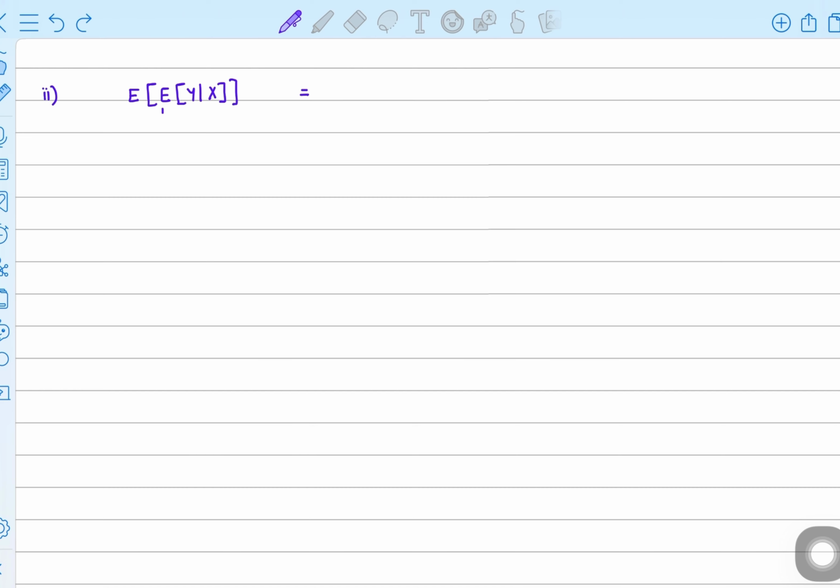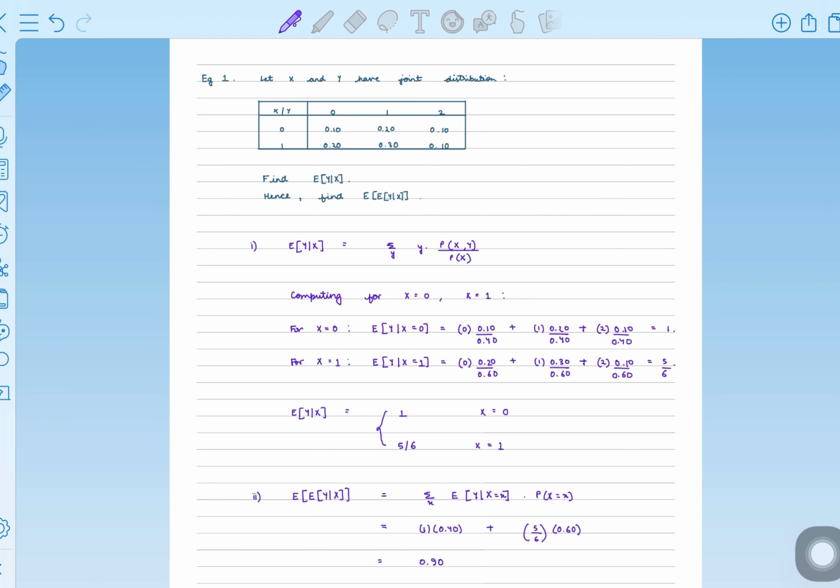So we multiply our random variable here by the probability of x. From here, we've solved both part 1 and part 2.